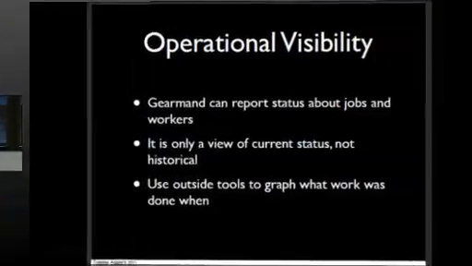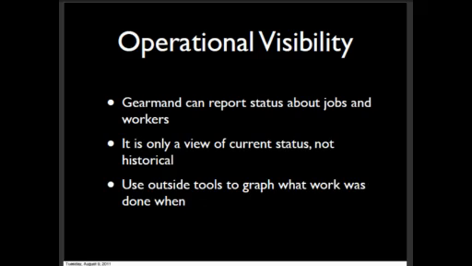So I talked a little bit about operational visibility. This is probably the one area of Gearman that I'm least happy with. Like I said, you can only ever see what's happening right now in the Gearmand server. There are no counters for how many jobs have been done, not even a total count of jobs, much less a count of a particular job that has just been done.